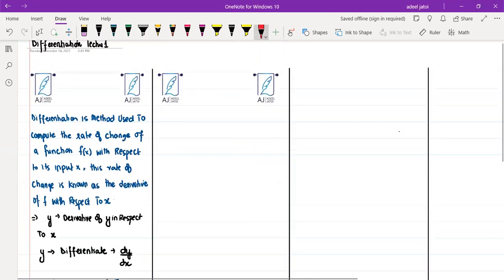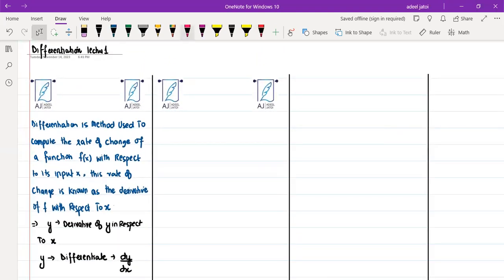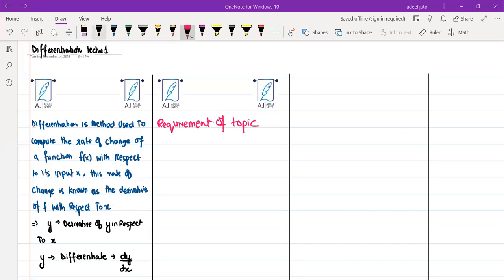Now, before moving further, what is the requirement of this topic? The major thing is to understand the requirement of the topic. First thing first, when your y is differentiated, you get dy upon dx.